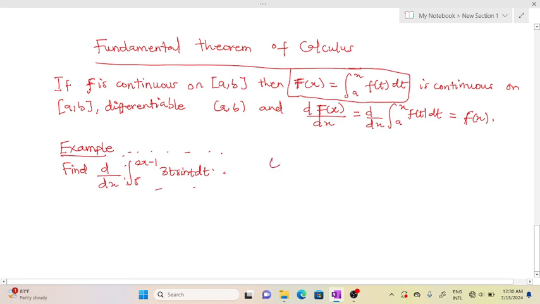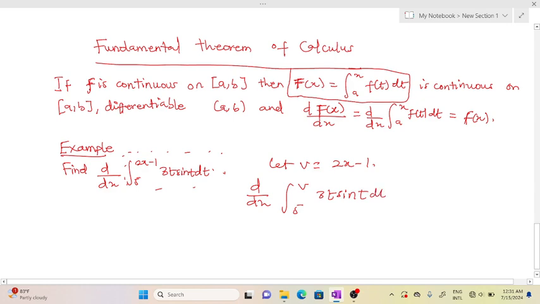So let's say v is equal to 2x minus 1. Therefore, our question becomes d/dx of the integral from 5 to v of 3t sine t dt.